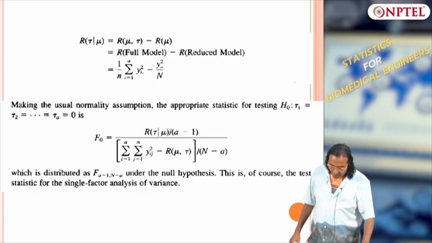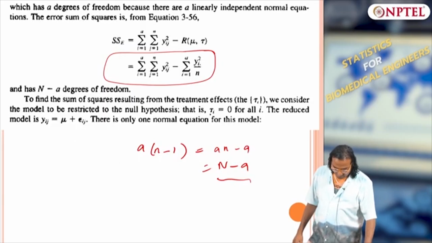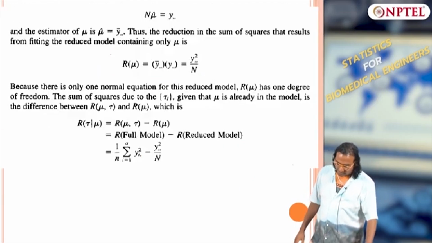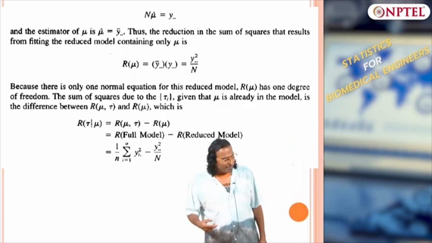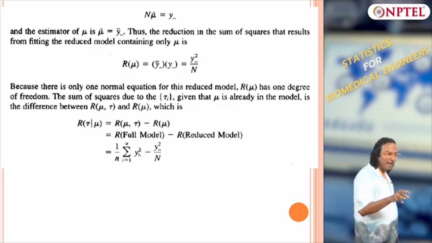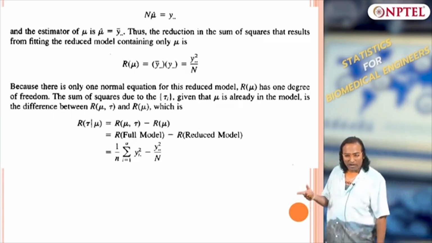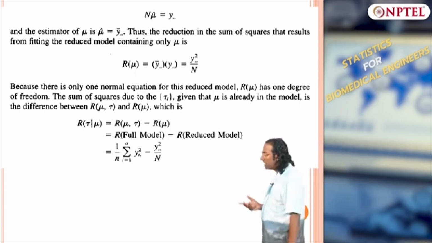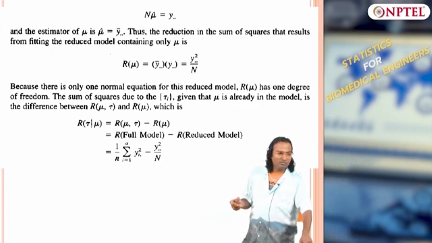So now I can figure out the individual parts alone, meaning what is the effect of adding mu, what is the effect of adding tau. So two parameters I have fit, which are a plus 1 parameters. What is the effect of adding mu alone? N mu hat, remember.